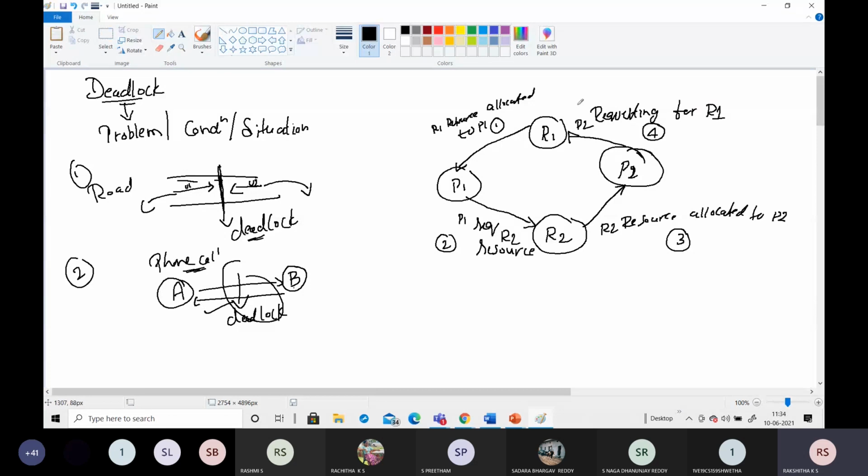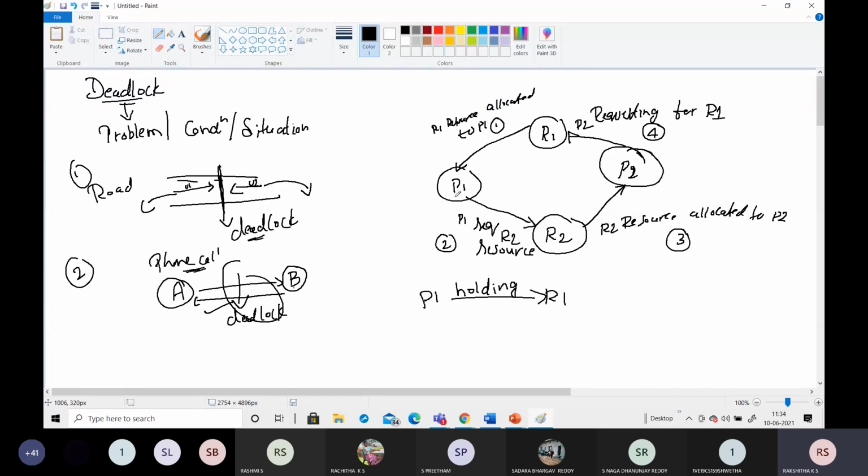See here, even though two resources R1 and R2 and two processes P1 and P2 are there, R1 is already allocated to P1.